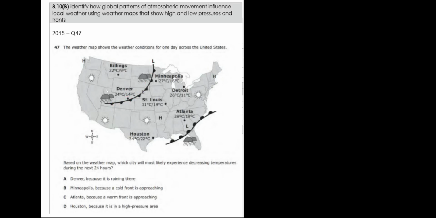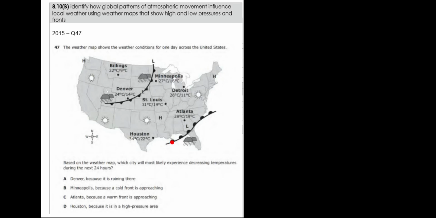These symbols indicate that we have some type of front. Based on our study of weather maps, we know that anytime that you have a triangle, that shows a cold front. Anytime that you have these semicircles, that shows a warm front.